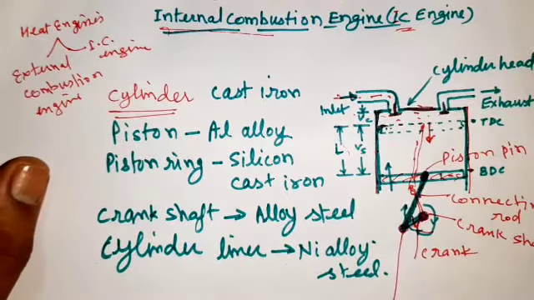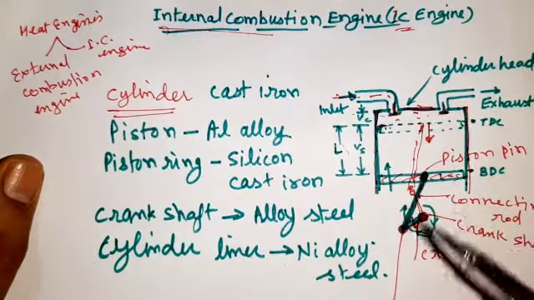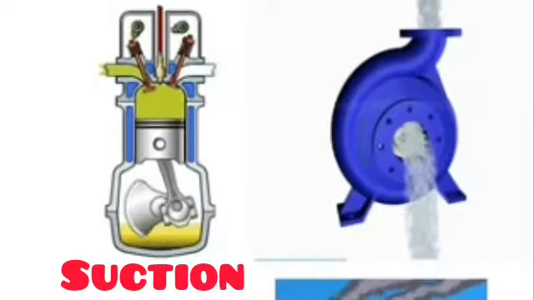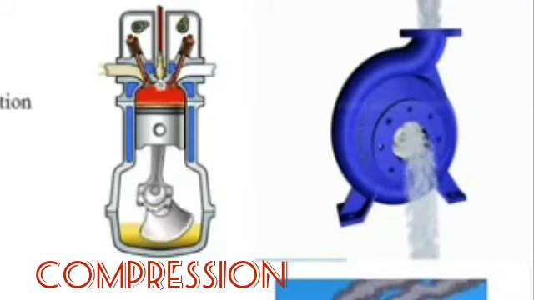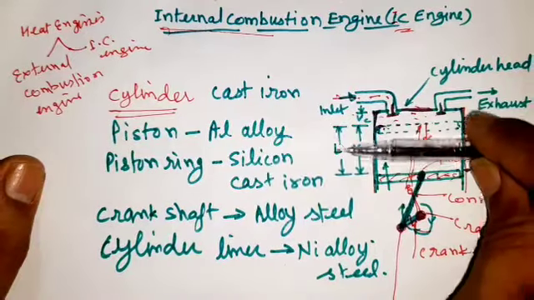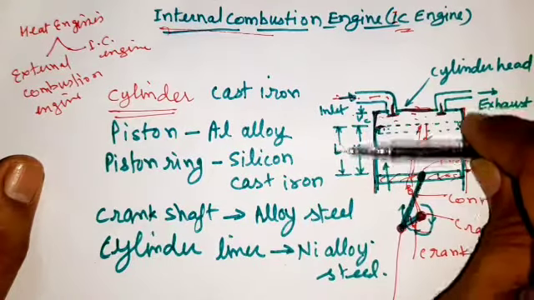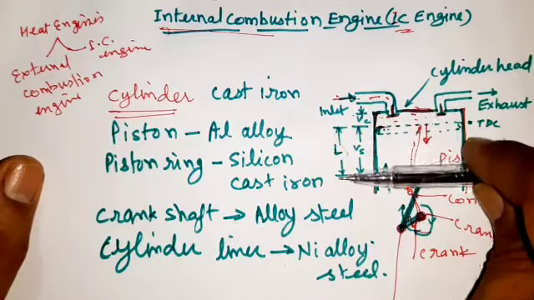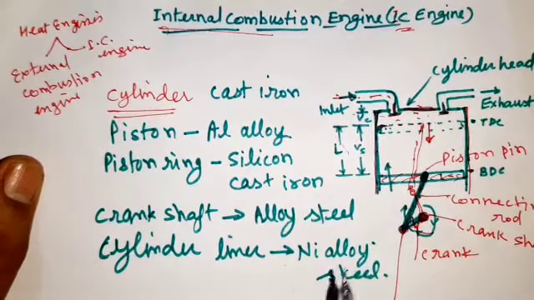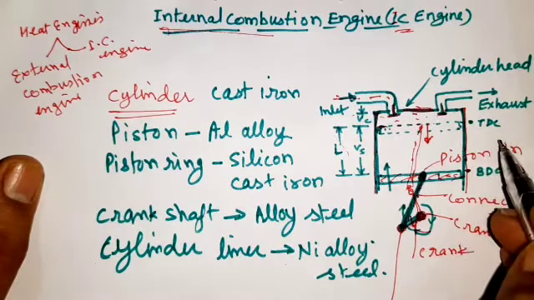Here you can see this piston is moving in this cylinder vertically upward and vertically downward, and this movement of the piston in the cylinder is called the reciprocating motion of the piston. This is the top dead center, TDC.